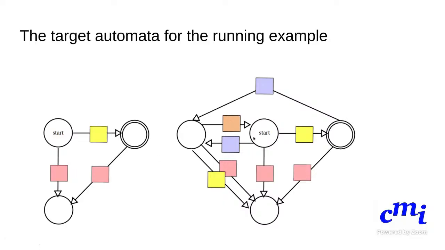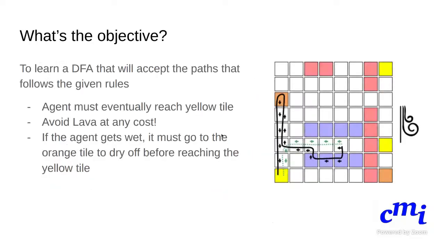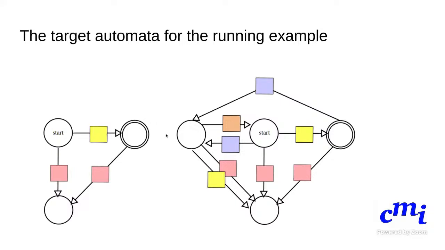And here, one rule can be modeled like this, and if we are to incorporate all three rules, it could be that you should reach a yellow tile eventually, and do not go anywhere else. It would be this right side of the automata.